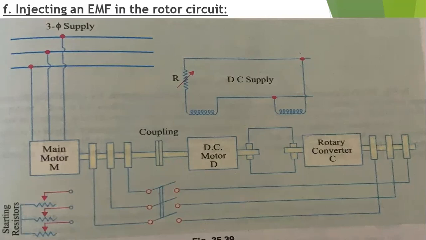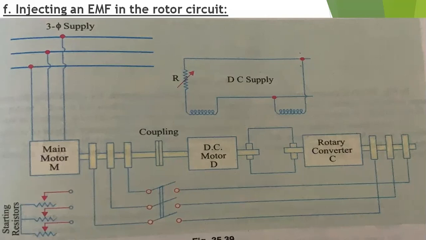The figure I am showing is called the Cramer system. This is the practical method of speed control. This Cramer system is used for large induction machines of 4,000 kilowatts or above. It consists of a rotary converter C, which converts the low slip frequency AC power into DC power.